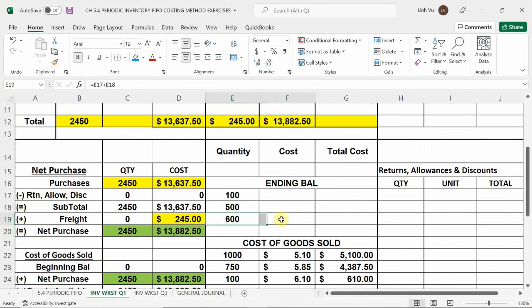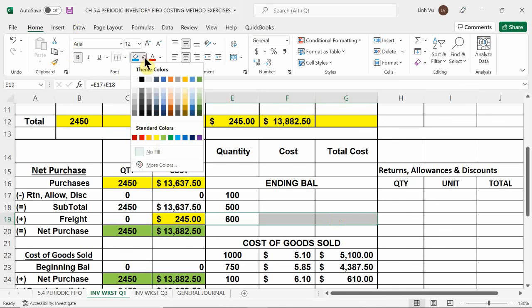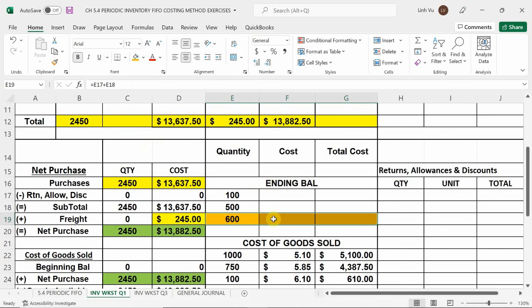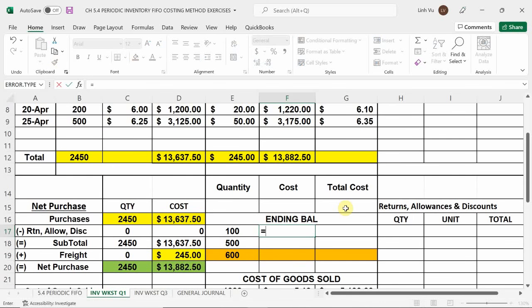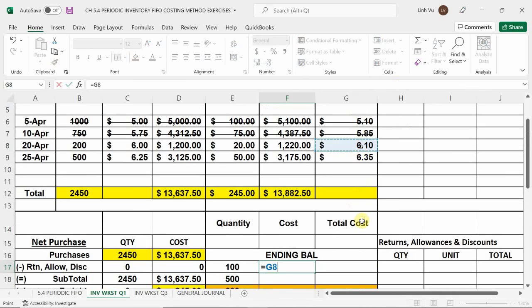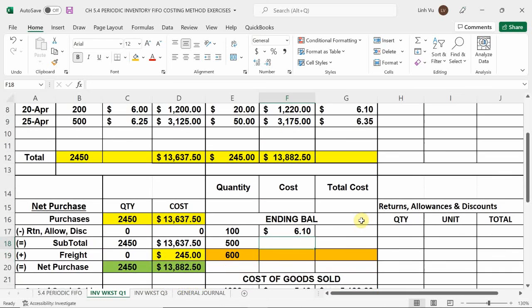And I'll highlight this too. And this one will be orange, okay? So I got 600 units here. And because this is going to cost me $6.10 and I sold 100 of them, I only have 100 left.